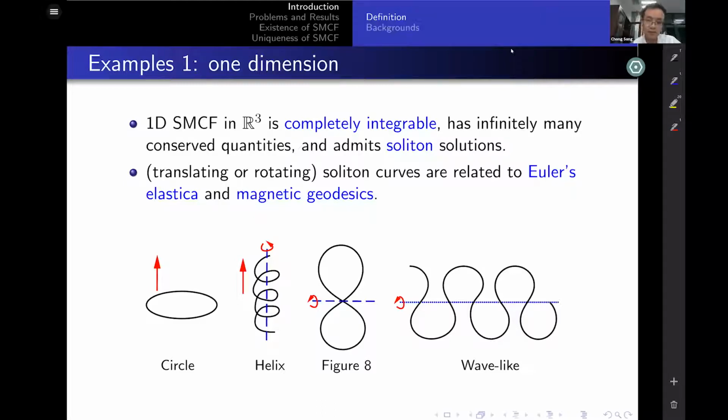And interestingly, these soliton curves are closely related to Euler's elastic curves and the so-called magnetic geodesics, which model the movement of a particle in a magnetic field.